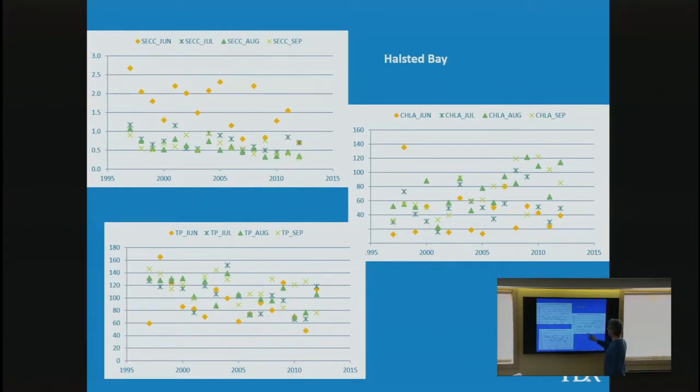Then the question is, is there a trend in time? Is it getting worse through time? We showed that phosphorus seems to be trending downward in this case. Chlorophyll is going up. What's going on? It's really strange. I have to get in there and dig through that.